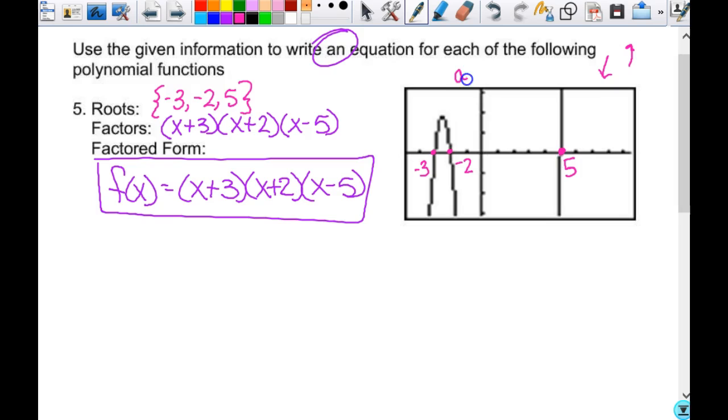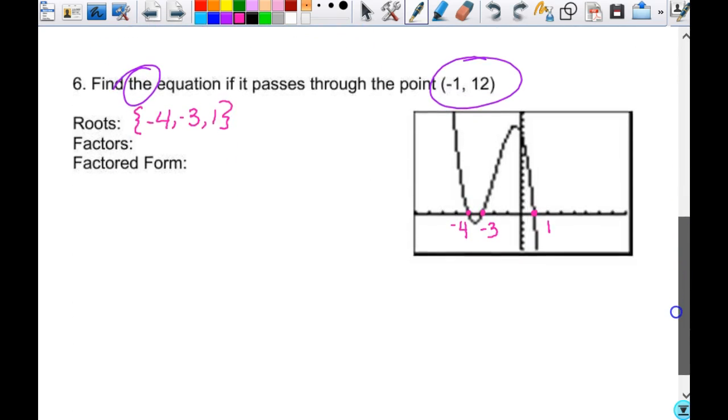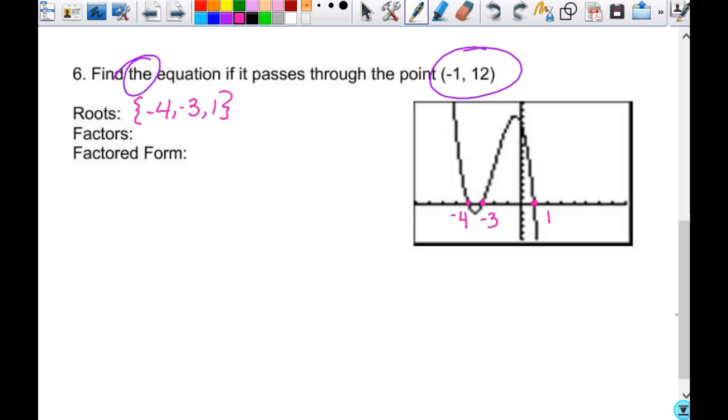So I at least know a is positive, but that's pretty much all I can do, right? So here, when I look at this, what do you know about a? It's negative because your end behavior looks like this. So this means a is negative. But we will be able to actually find the value of a at this point.